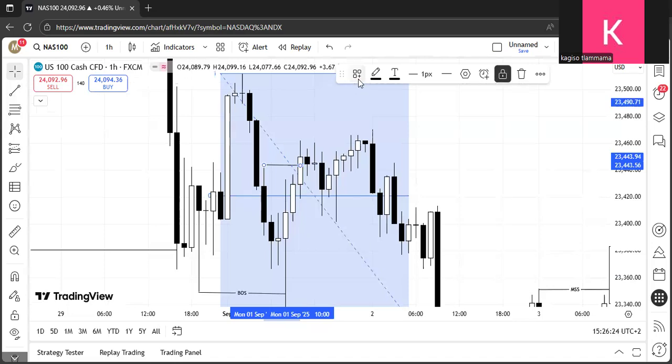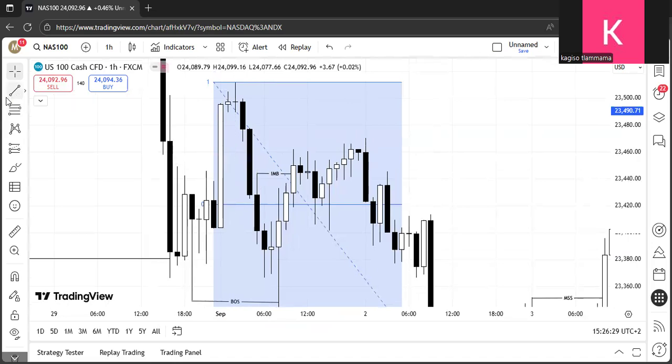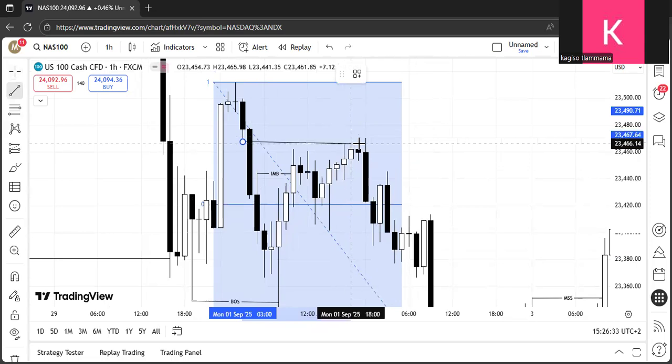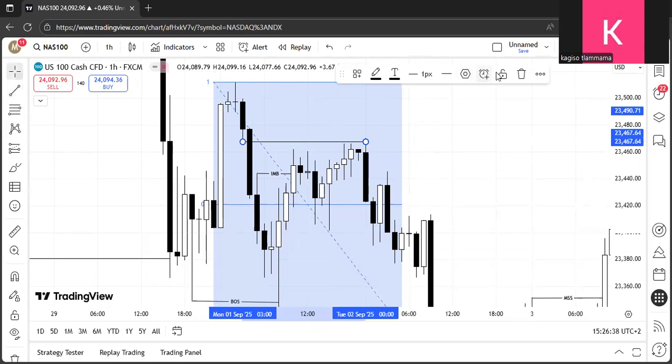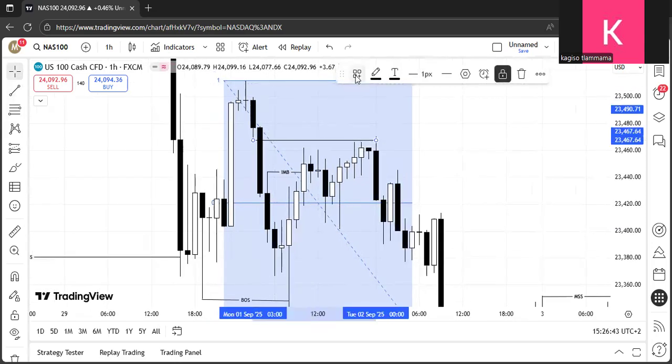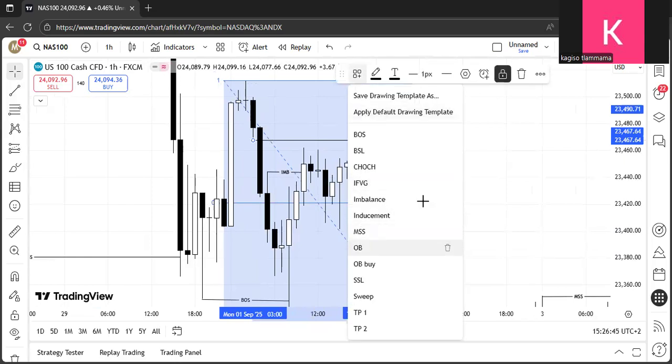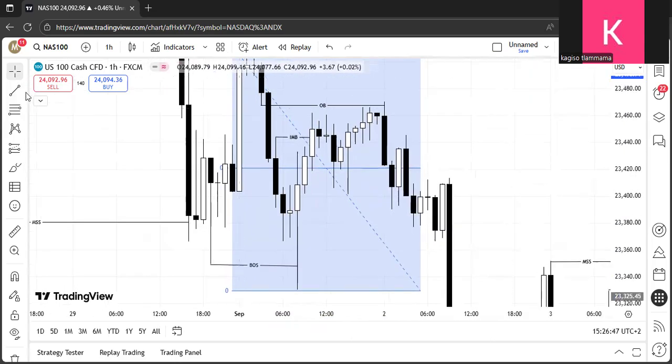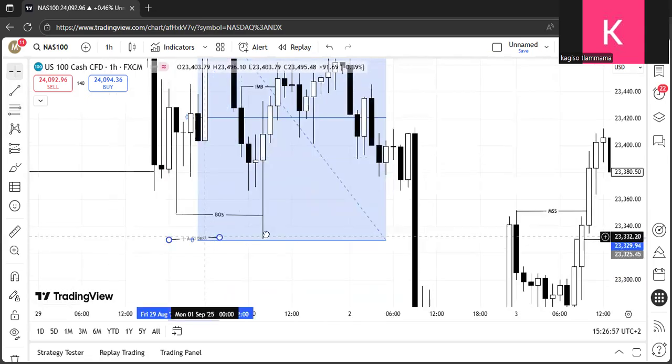So we mark out our imbalance, and then let's go ahead and mark our order block. The strategy doesn't change, ever. Just repeat the same process, keep it simple every day, like nothing ever changes. The market just repeats the same thing daily. You just have to know what to do when it repeats that very same thing daily.